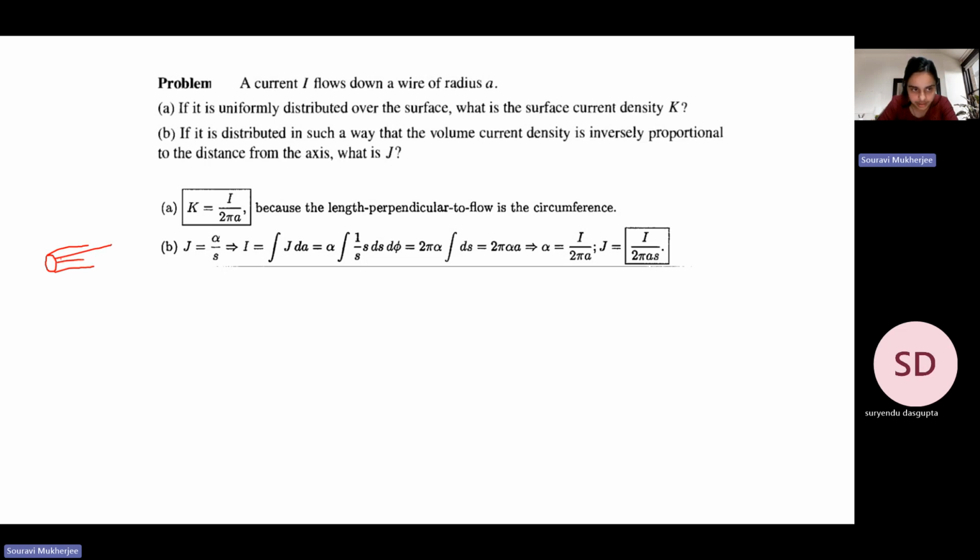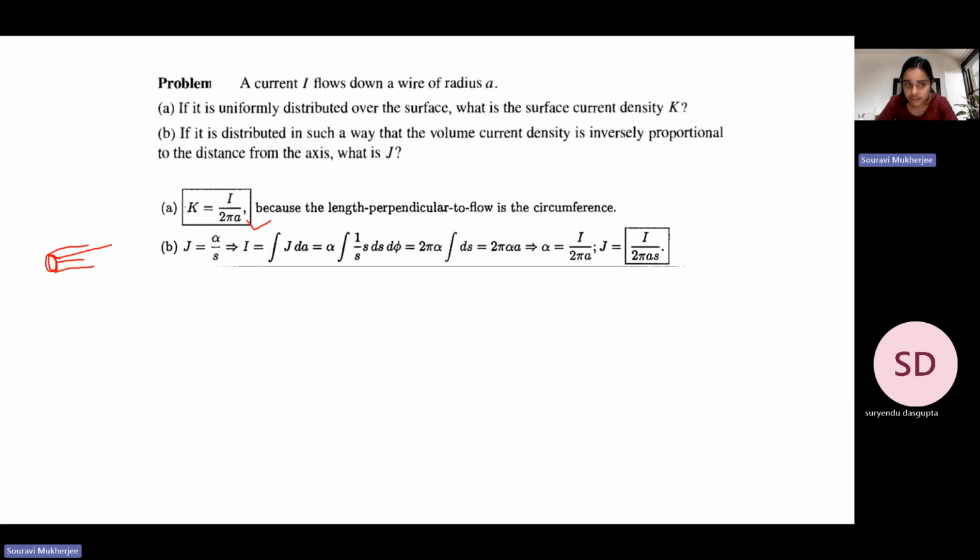How much will this length be? If you look at this region, the total length is nothing but the circumference of your circular cross section. So now you can write K as the total current I divided by the circumference of the wire. That's how you find K.